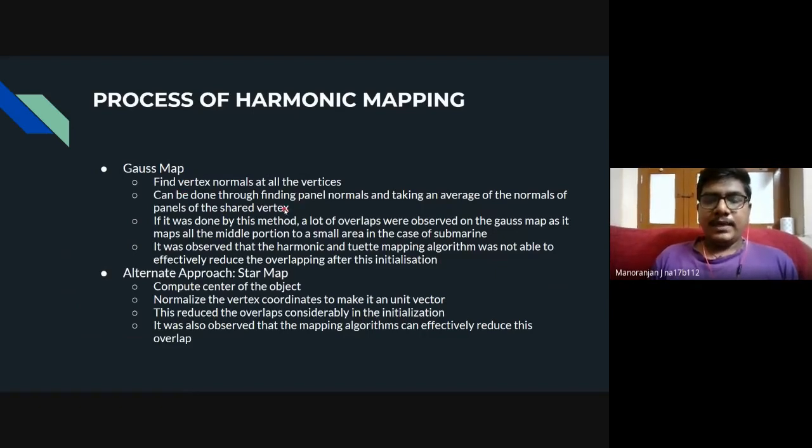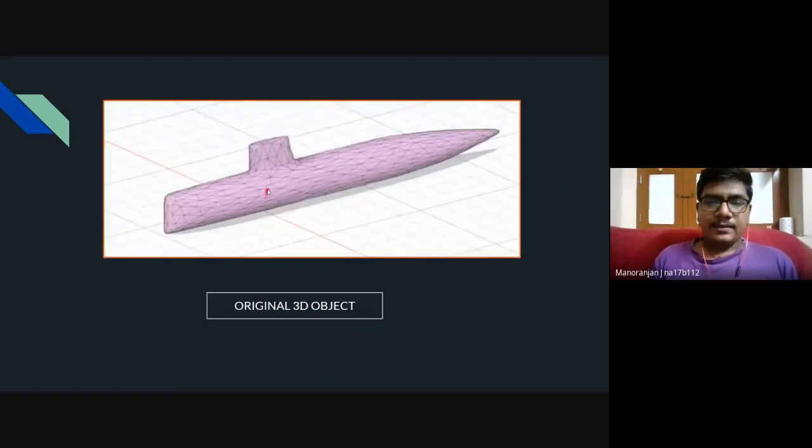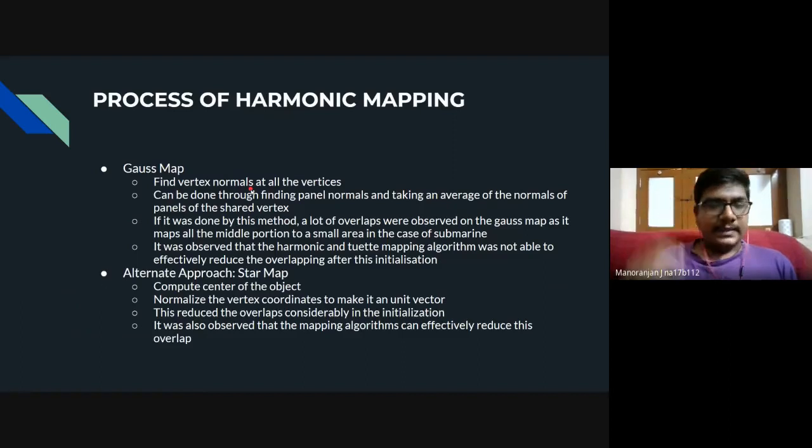How this can be done is, for each panel that you see here, we can compute the normal of that panel. For example, if you take this vertex, then you can average out all the normals of the panels to represent the vertex normal. This was actually what was suggested in the paper that we looked at as well.